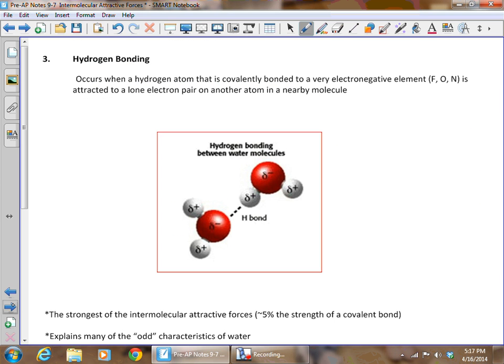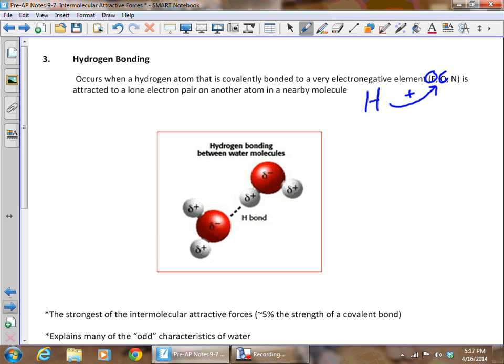So what's our final one? It's like polar, dipole gone psycho. This is called hydrogen bonding, and I think of hydrogen bonding as the meaning of life because hydrogen bonding is what causes water to have all of its weird characteristics. We'll talk way more about that in the next unit. But what happens with this is you have a situation where you have that hydrogen is bonded to either fluorine, oxygen, or nitrogen.